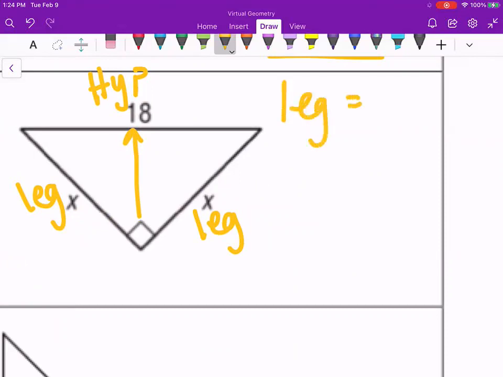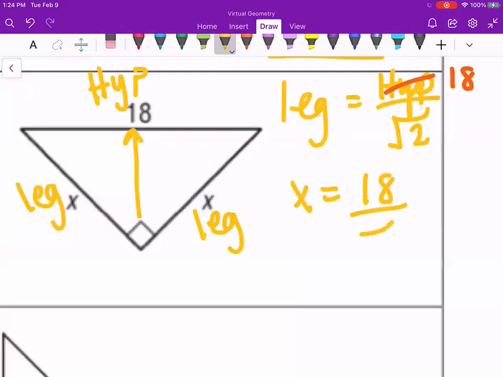So again, my leg is the hypotenuse divided by square root 2. And my hypotenuse is an 18. So then my x is 18 divided by square root 2.